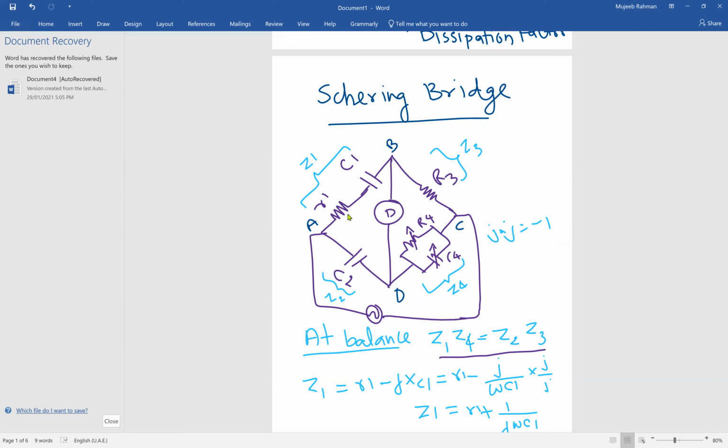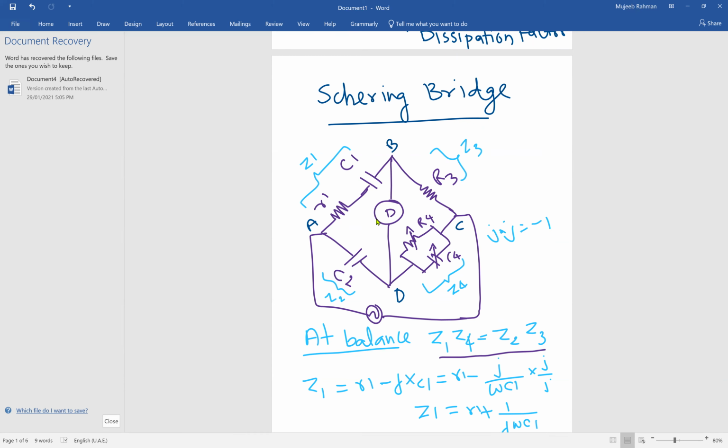Z1 consists of a series combination of R1 and C1. Z2 consists of a capacitor. Z3 is a resistor, and Z4 consists of a parallel combination of variable resistance and capacitance.